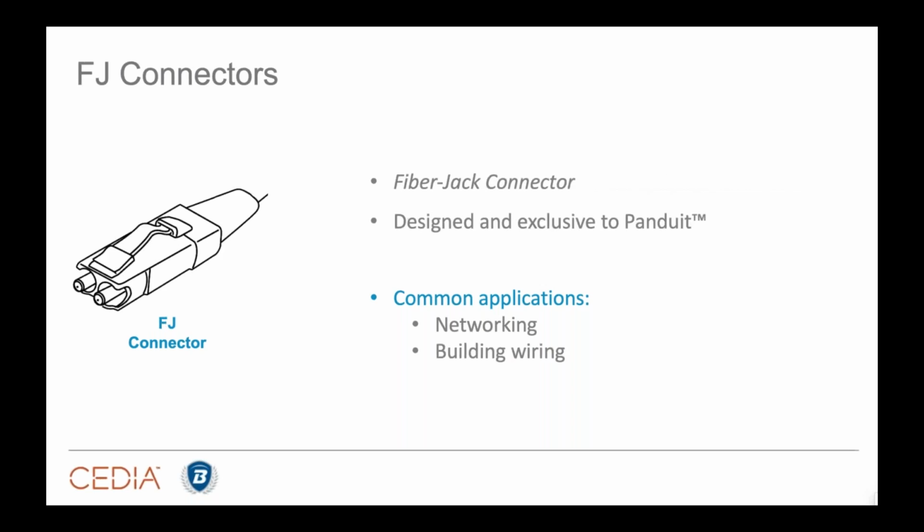Now, finally, the sixth one we'll talk about, the FJ style connector, very specialized. In fact, so specialized that only one manufacturer uses it, Panduit. This one stands for fiber jack connector, and it was designed specifically by Panduit to wire buildings.